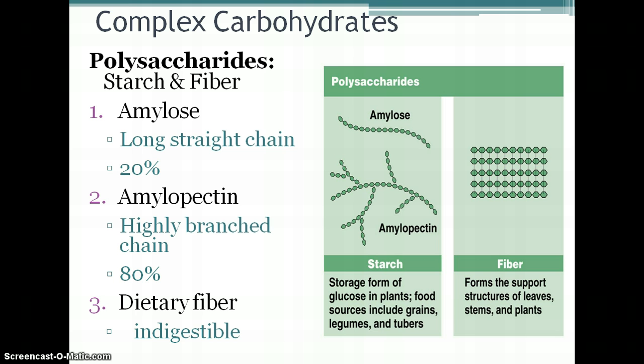And then we also have fiber, which is within foods. Certain foods we'll talk about more, and fiber is indigestible. So within the amylose and amylopectin, there are enzymes in the human body, namely amylase, which can break apart those bonds between each glucose molecule inside of amylose and amylopectin, whereas this tightly woven and connected matrix of glucose within fiber, we have no enzymes that can break these apart.